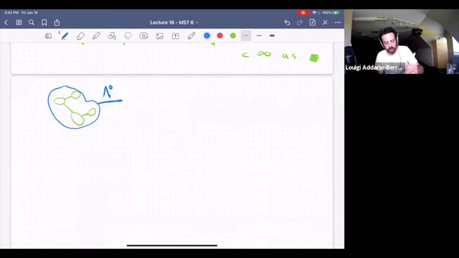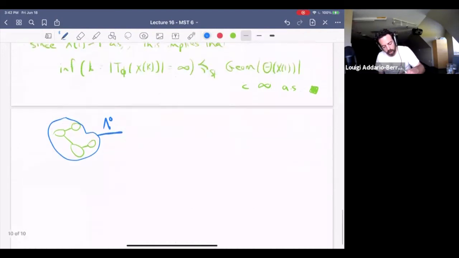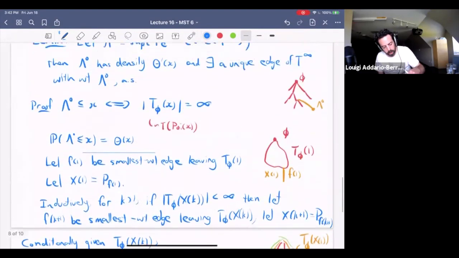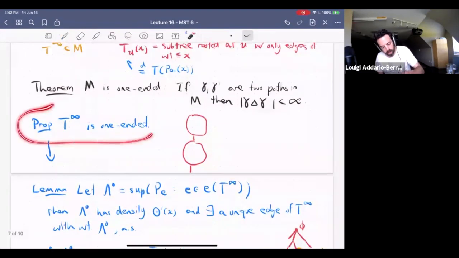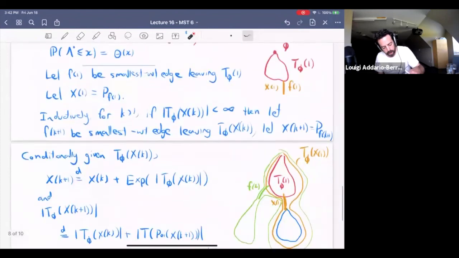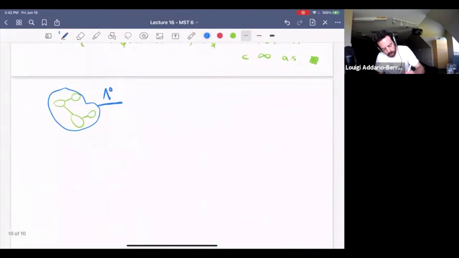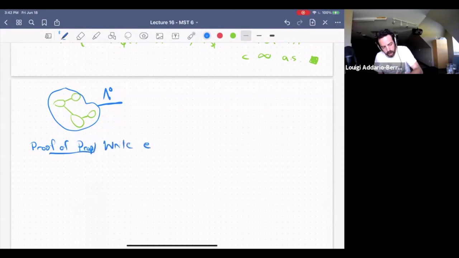This multi-step process really gave us a first step to get going on defining the structure of the tree T infinity. Now, with that lemma proved, we're going to prove this proposition, which says that T infinity is one-ended. Let me write E naught for the edge of weight lambda naught.